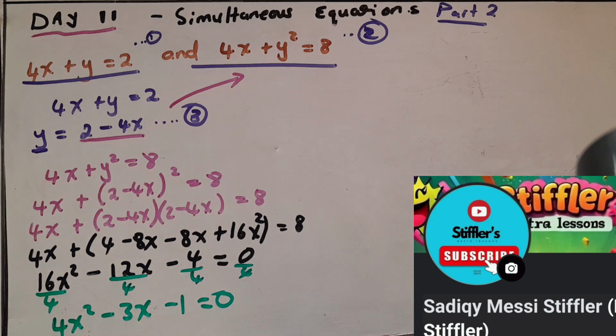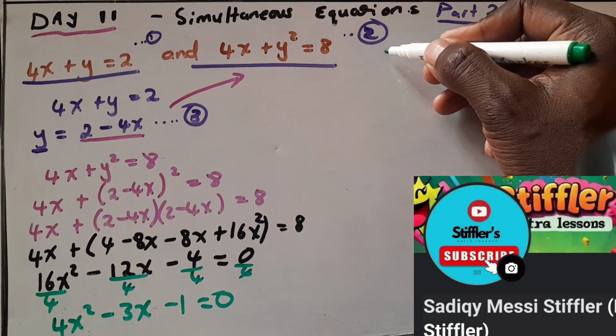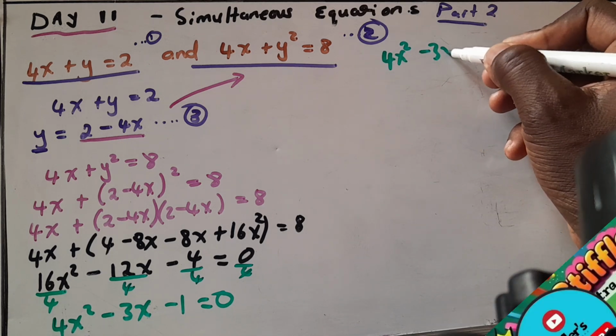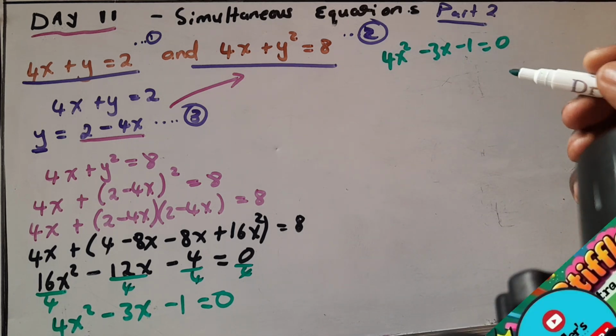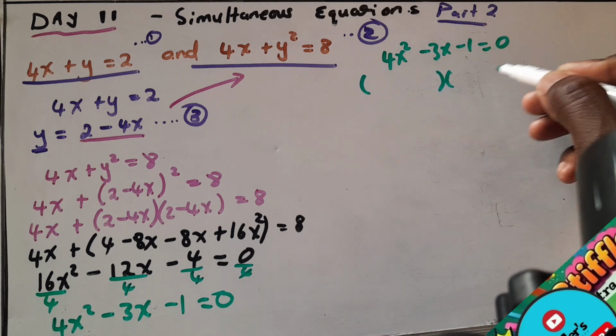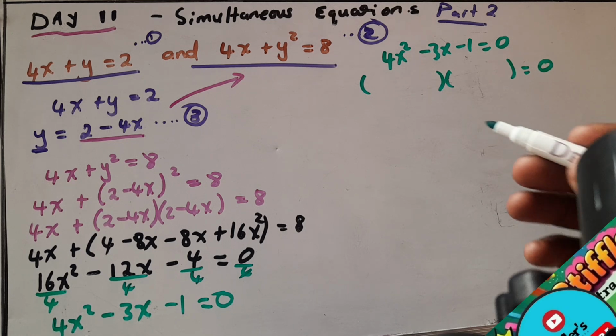Now this equation, we can actually factorize. So this is our 4x squared minus 3x minus 1 being equal to 0. We can factorize that simply. If you're failing to factorize, just comment that you're unable to factorize, and then I'll bring up some questions that will help you to learn how to factorize.